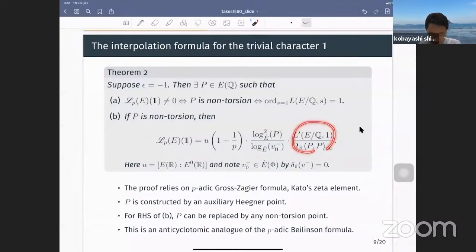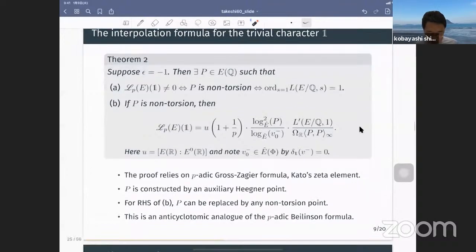And there is ambiguity for each term, but if we consider the ratio of the p-adic regulator and the complex regulator, the ambiguity disappears, and such a value should be interpolated by the p-adic L-function. It's the philosophy of the p-adic Birch and Swinnerton-Dyer conjecture by Perrin-Riou. So this is a kind of anticyclotomic analog formula.